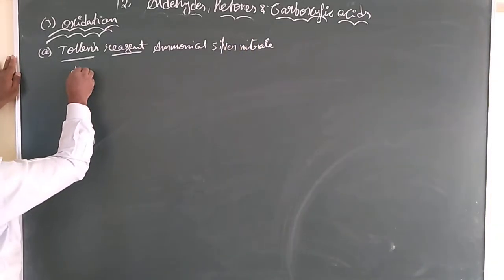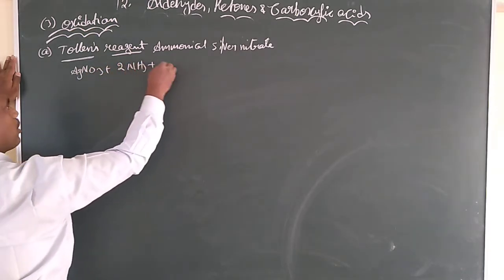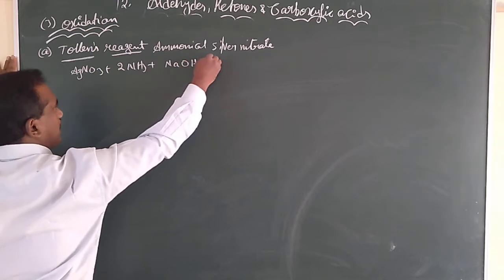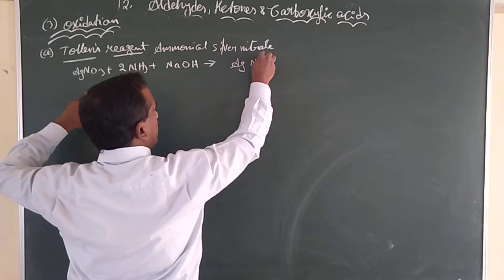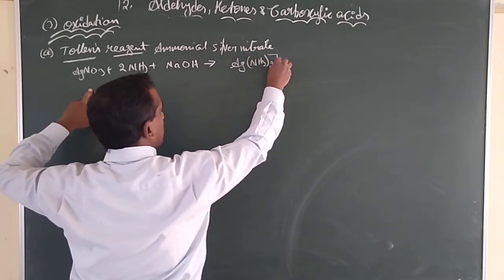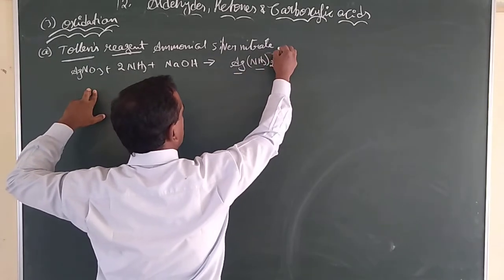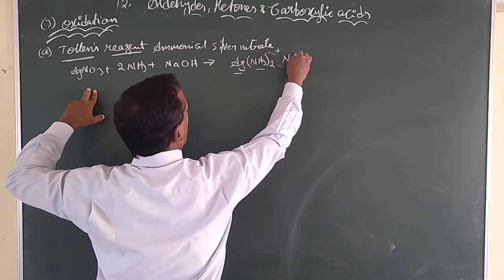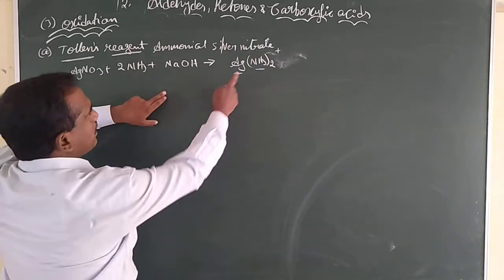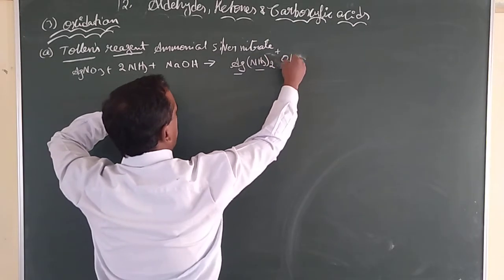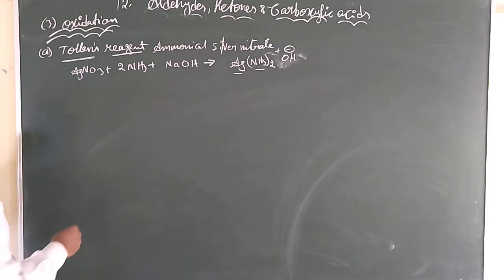If someone questions you, you say silver nitrate reacted with ammonia in the presence of a base like sodium hydroxide forms [Ag(NH3)2]+, the diamminesilver complex. We say ammoniacal silver nitrate, but we show it as [Ag(NH3)2]+ OH minus. This is the combination we call ammoniacal silver nitrate.